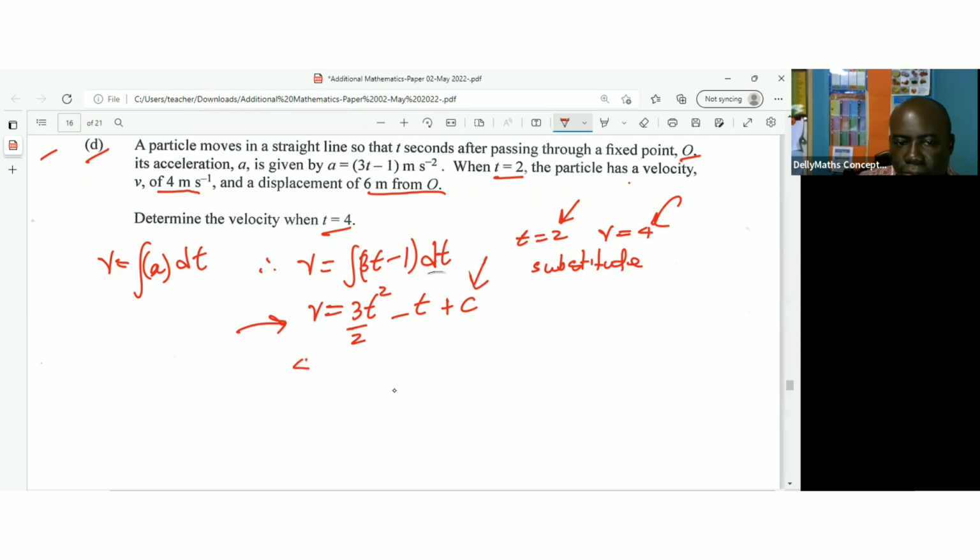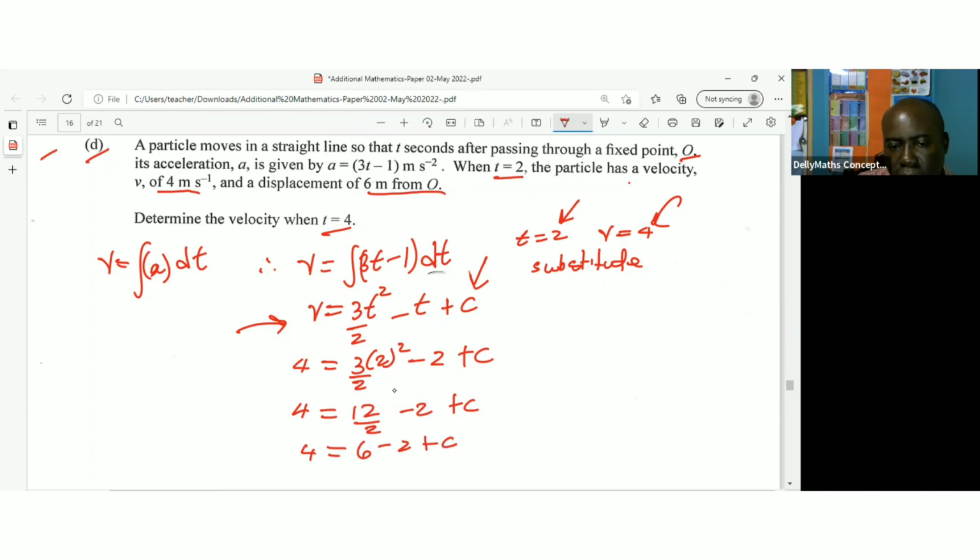Therefore, 4 is equal to 3 over 2 t squared minus t plus c, but remember now, t is 2, so we put 2 there. 4 is equal to 3 over 2 times 2 squared, minus 2, plus c. 2 2's are 4, times 3 is 12 over 2, minus 2 plus c. 4 is equal to 6 minus 2 plus c. 4 is equal to 4 plus c.